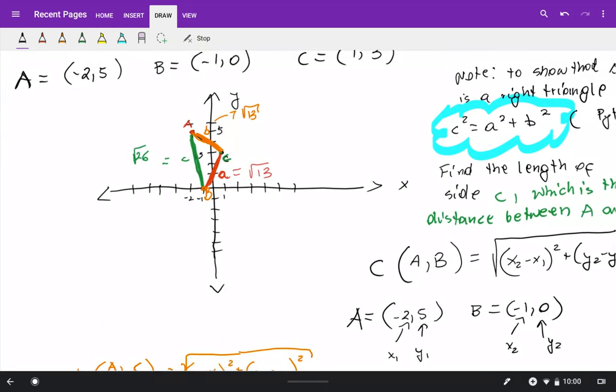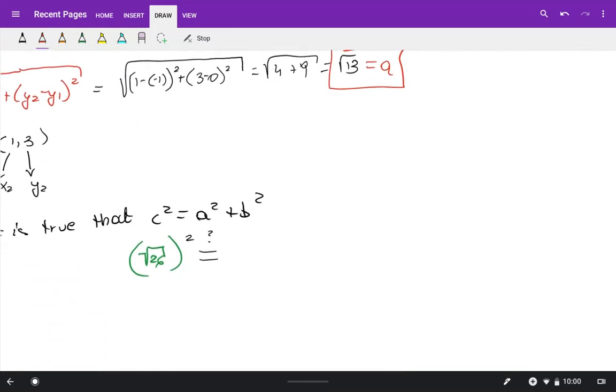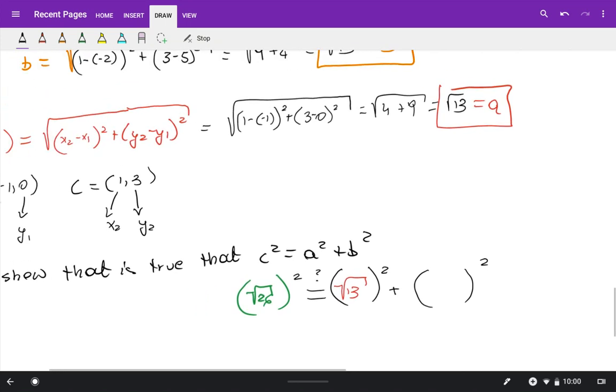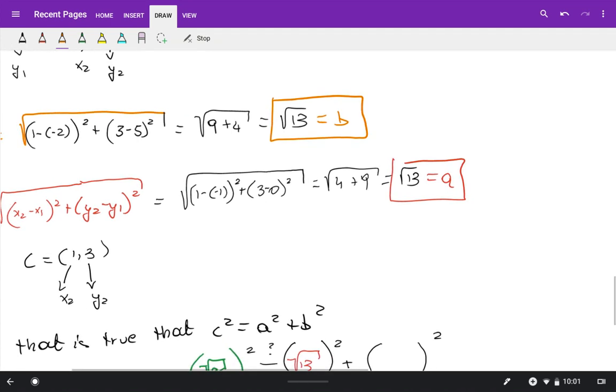So A is equal to the radical of 13, and I need to square that, plugging it into the Pythagorean theorem, plus B to the second power. So B, we calculated, was the radical of 13.